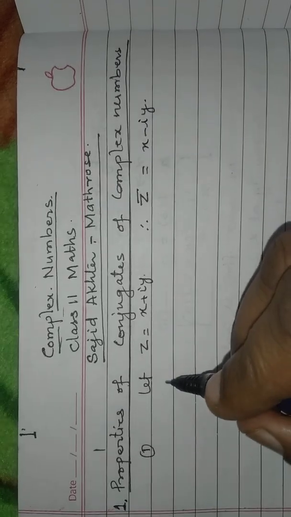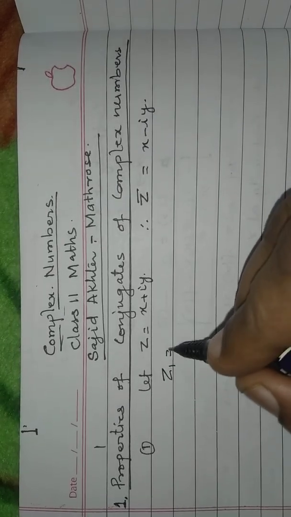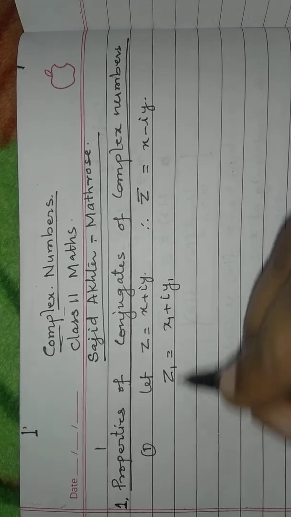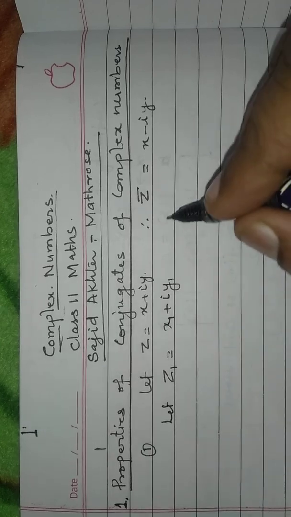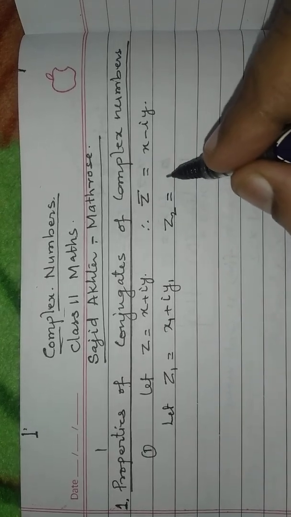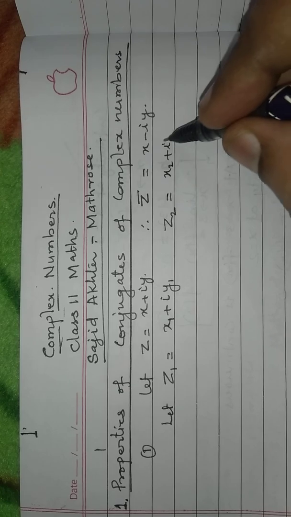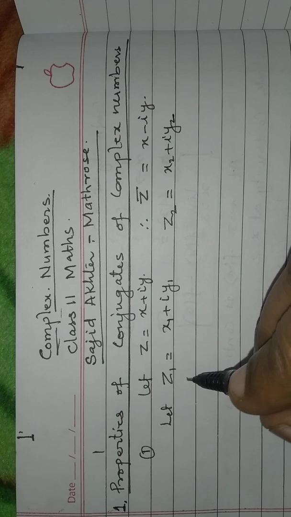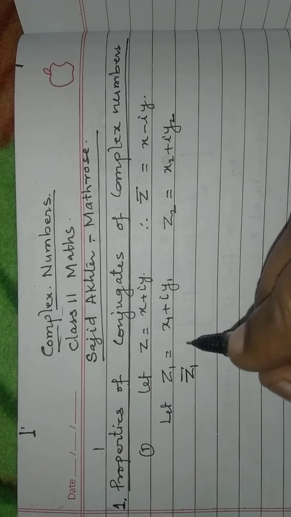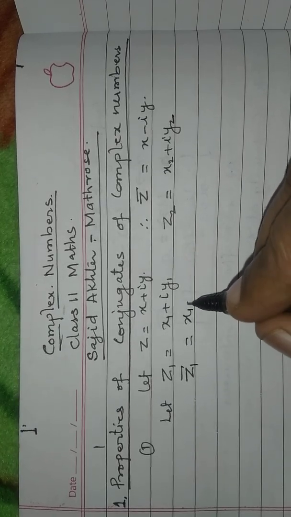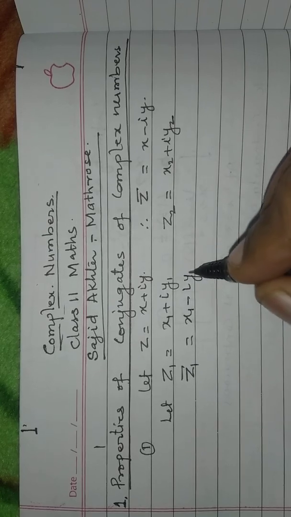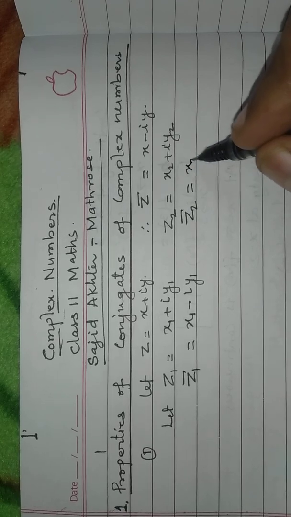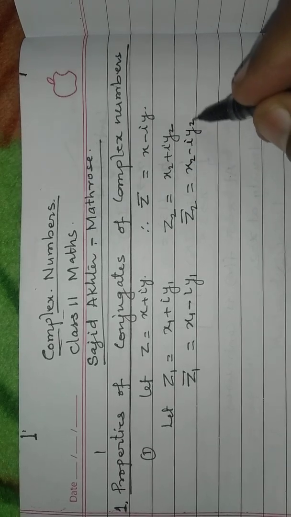Let us suppose there are two complex numbers, z1 equal to x1 plus iy1, and z2 is the other complex number, x2 plus iy2. Then z1 conjugate is equal to x1 minus iy1, and z2 conjugate is equal to x2 minus iy2.